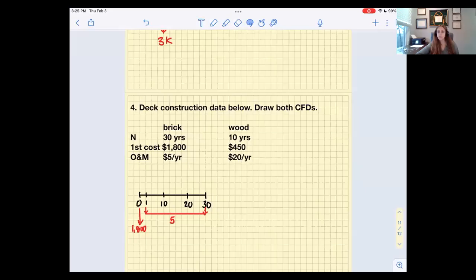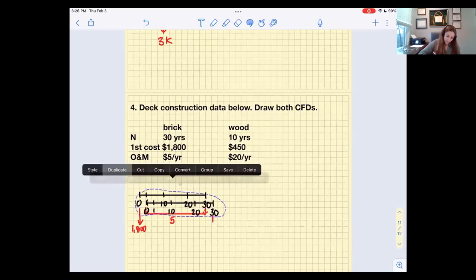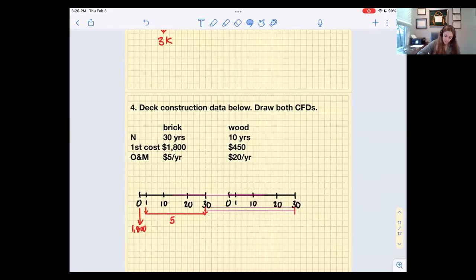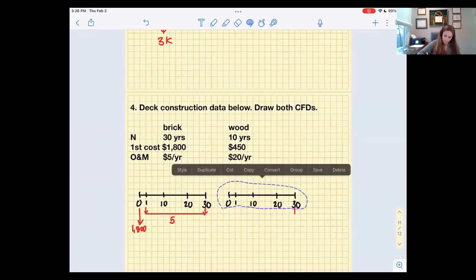So because wood only lasts for 10 years, we still have to put it over a 30-year lifespan and then just replace it every 10 years. It's kind of like a common denominator. You can only compare them if we're looking over the same lifespan. So we are going to still draw a 30-year cash flow diagram for the wood.